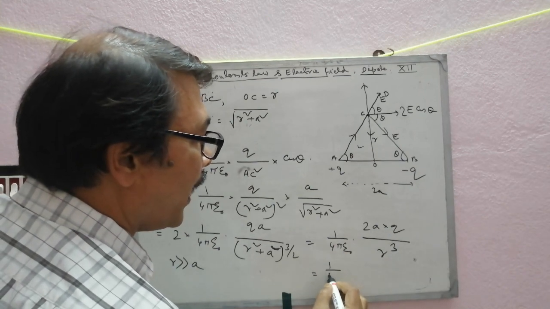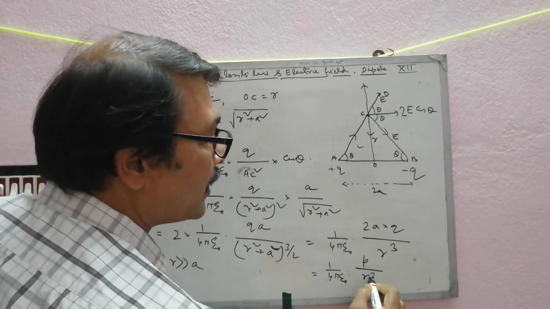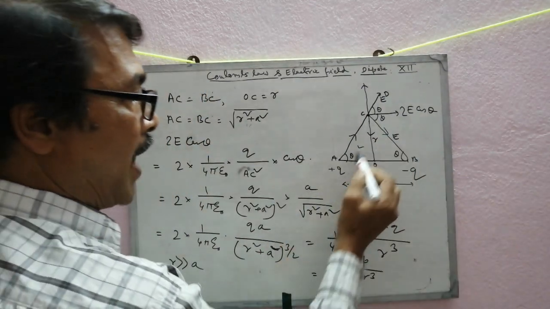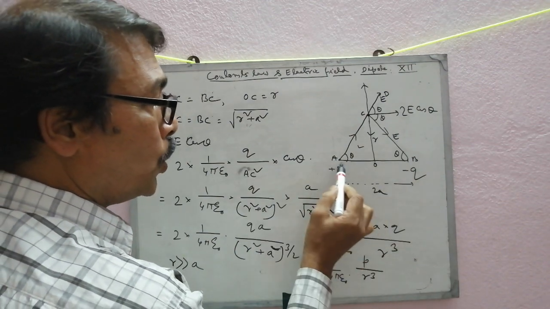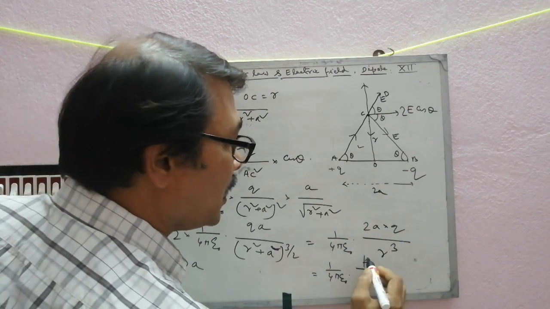That is the final equation we get: P by R cube. What is the direction? Parallel to the axis of the dipole, positive to negative, opposite to the direction of P.